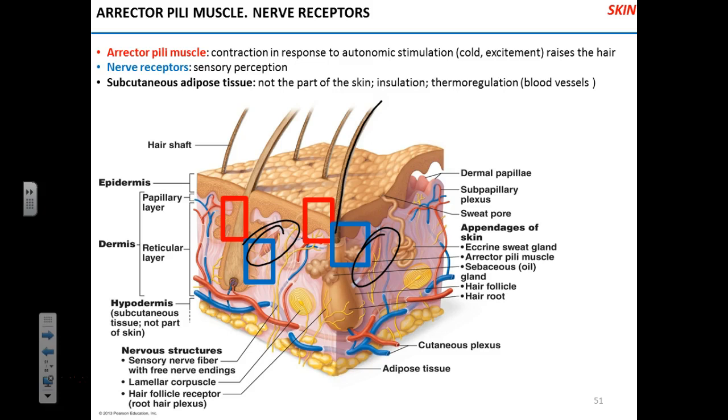How does the elevated hair defend the dog? Well, it looks bigger and intimidating. But we're not looking any bigger with goosebumps, right? It's pretty much a response that has no role in protection. It's just a remnant of what we used to have.